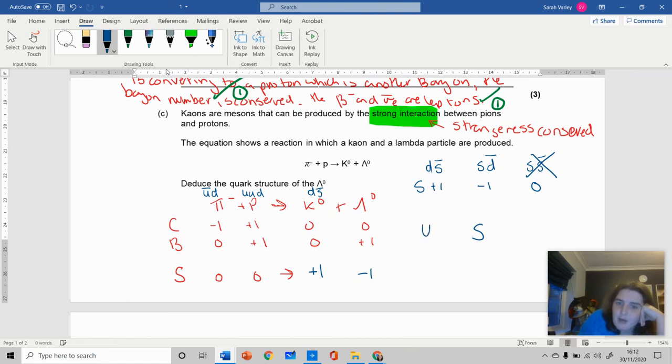So remember, up, down, and strange have a charge of +2/3, -1/3, and -1/3. They're all baryons, and they've all got a baryon number of a third, and this strange is the only one left. So this here is the answer to this here.